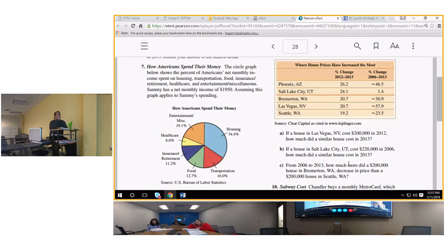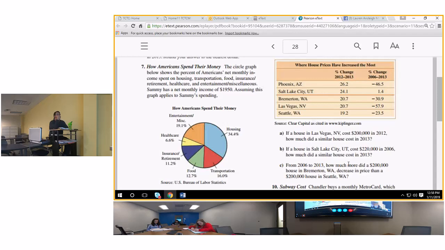Number 7, the circle graph below shows the percent of Americans' net monthly income spent on housing, transportation, food, insurance/retirement, health care, and entertainment/miscellaneous. Sammy has a net monthly income. Net means that's what he what? Brings home.